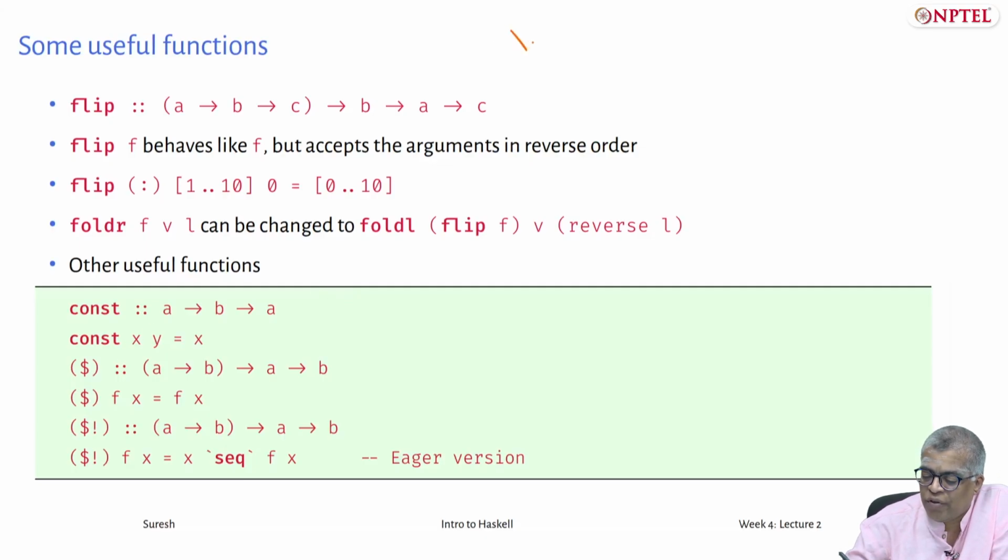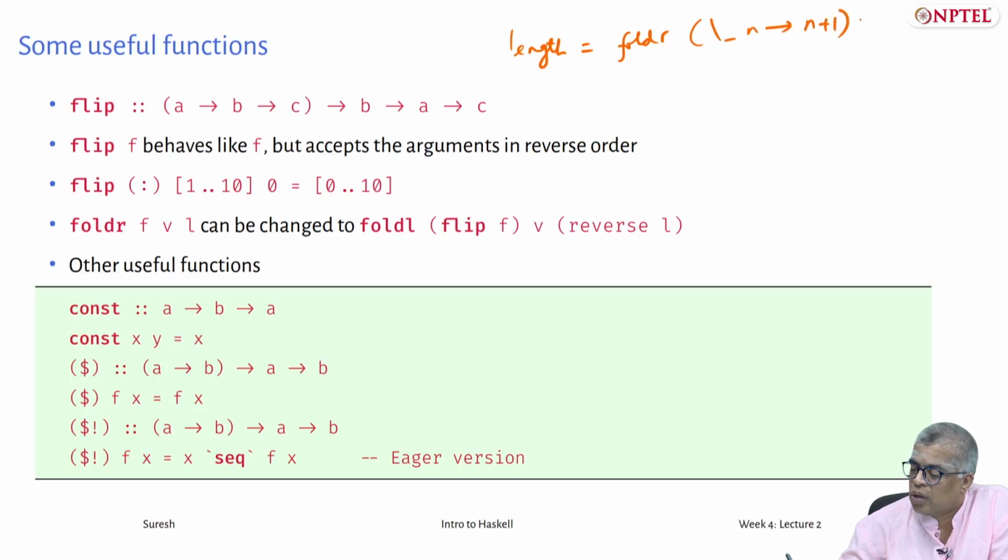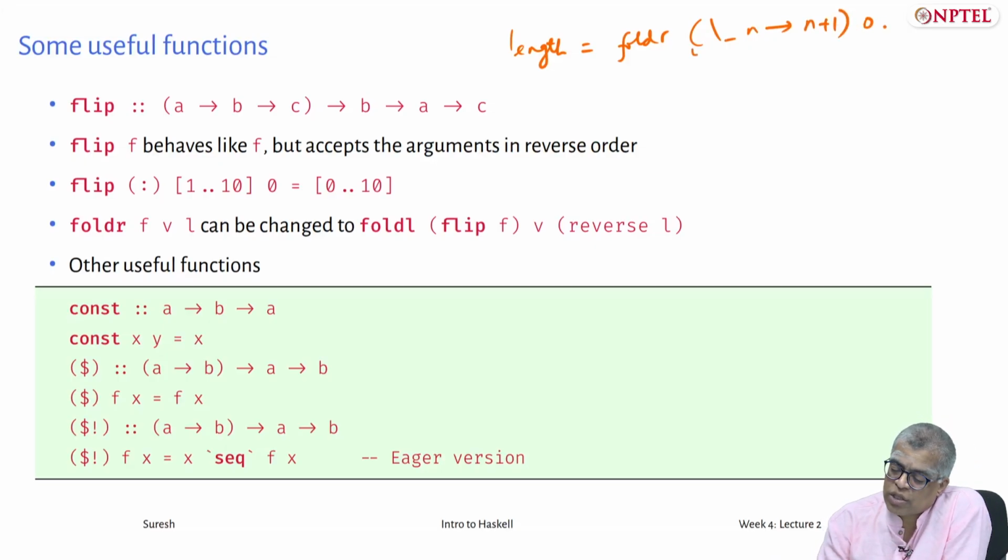For instance, we had this length function, where this inner function takes two arguments, ignores the first argument, and does something to the second argument. You can express that by saying const of plus 1.